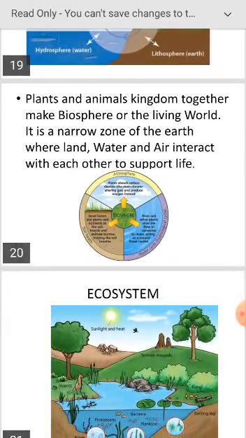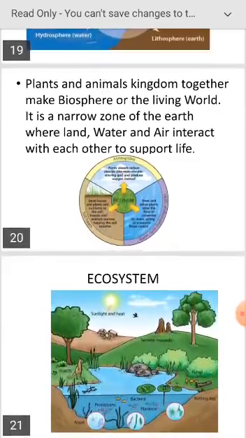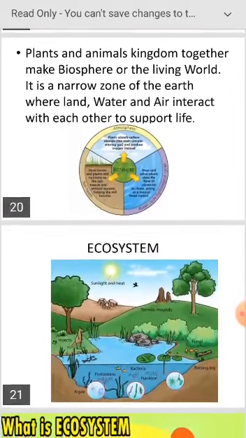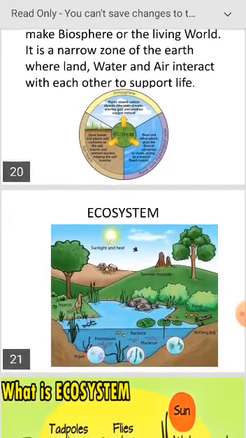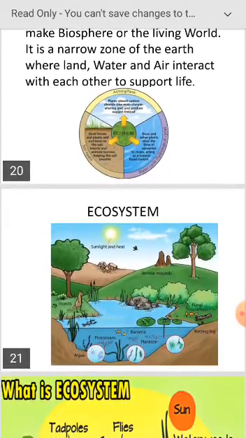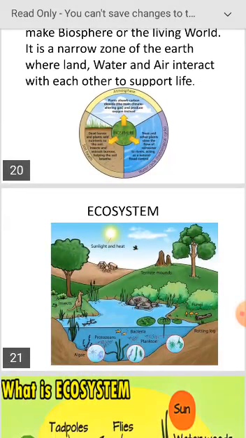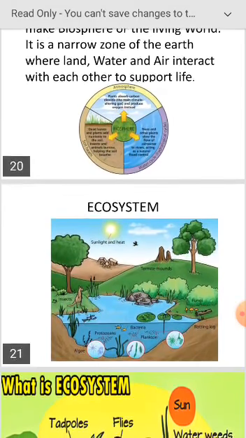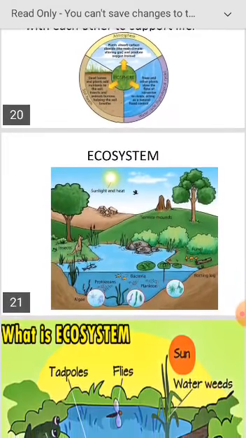It is a narrow zone of the earth where land, water and air interact with each other to support life. You can zoom the slide and understand about this picture.